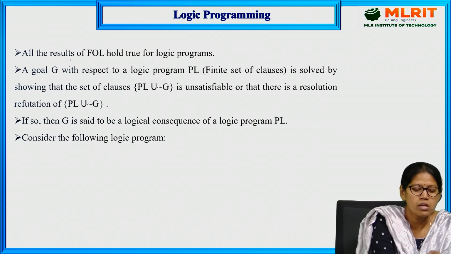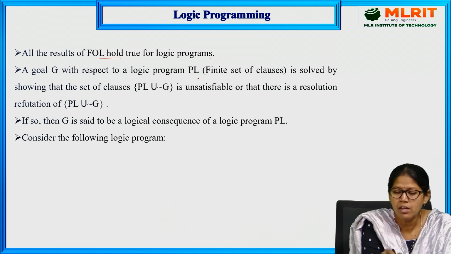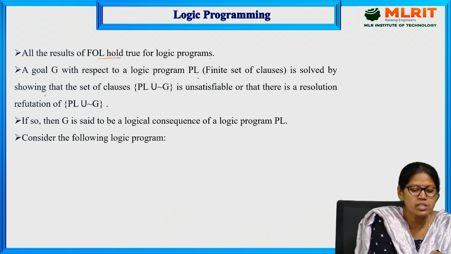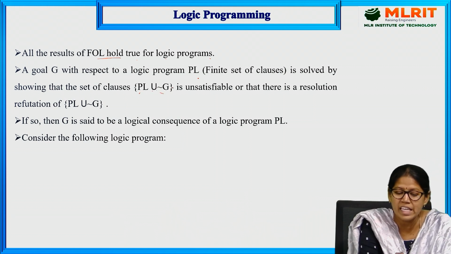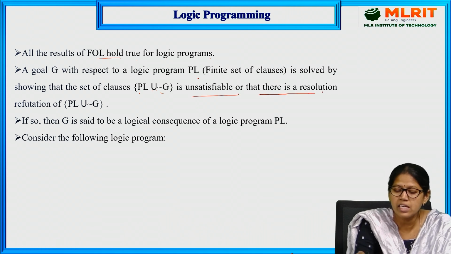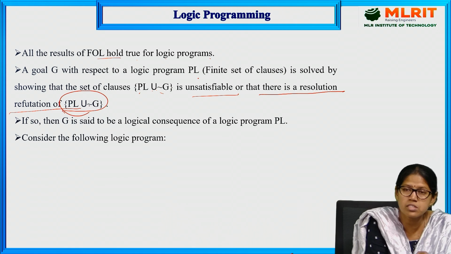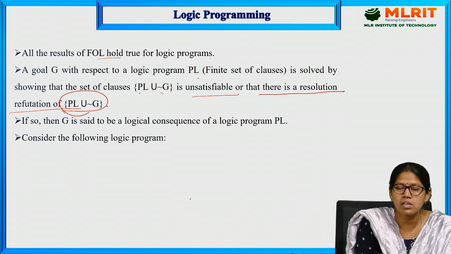All the results of FOL hold true for logic programs. A goal G with respect to a logic program PL, a finite set of clauses, is solved by showing that the set of clauses PL union the negation of the goal is unsatisfiable, or that there is a resolution refutation of PL union the negation of the goal, which gives the empty clause.